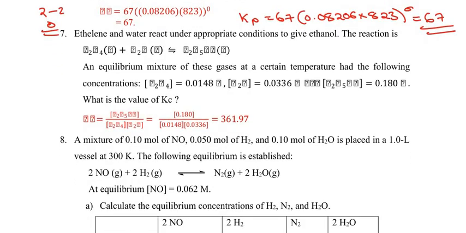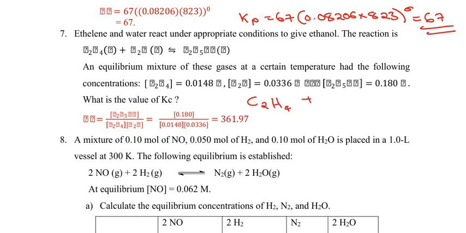Then look at number 7. They are saying ethylene and water react under appropriate conditions to give ethanol. The reaction is given as follows. This is what we have at equilibrium. So they needed to give us the formula here. Let me just rewrite it for us. The original equation has to be ethylene, which is C2H4.